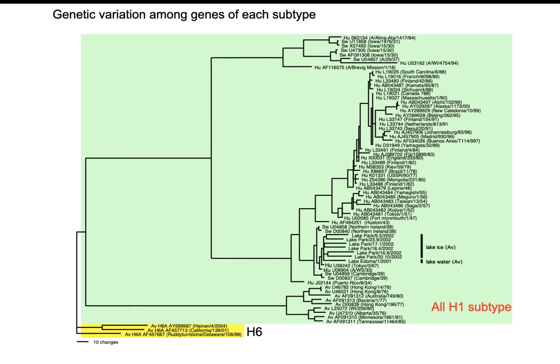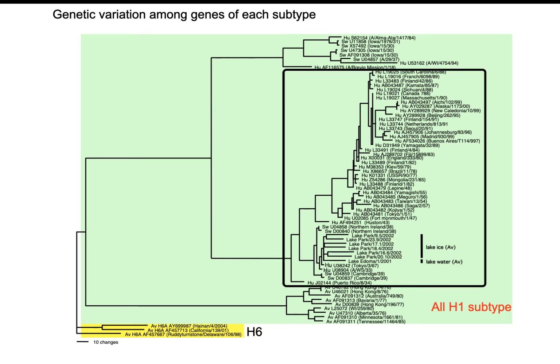This is a phylogram of H1 subtypes, and you can see there's quite a bit of variation even among H1 subtypes. It's been rooted to H6, which is the next group out from this one. That clade at the top contains the H1N1 strain that was the one that caused the 1918 pandemic.